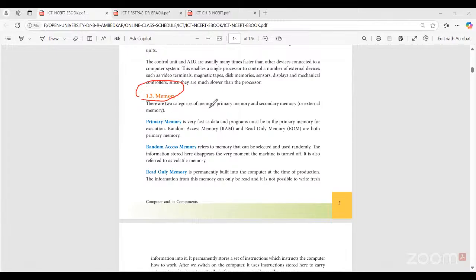There are two categories of memory. One is primary memory, one is secondary memory. The secondary memory you can also call external memory. External memory, we understood, is all external devices, storage devices. That is secondary memory.